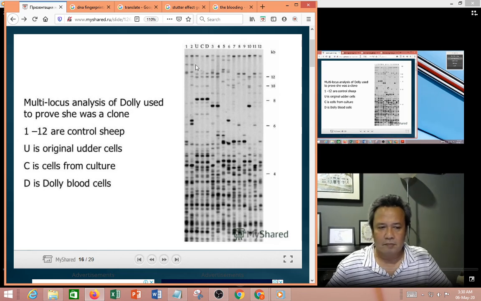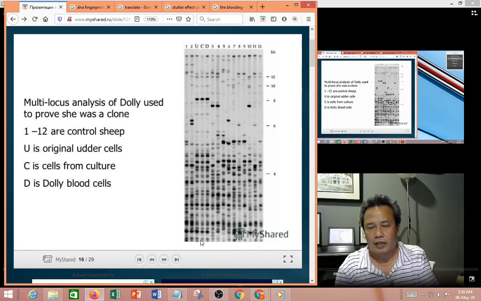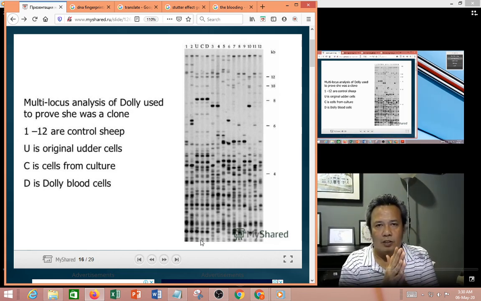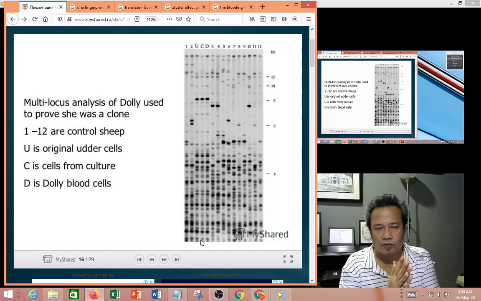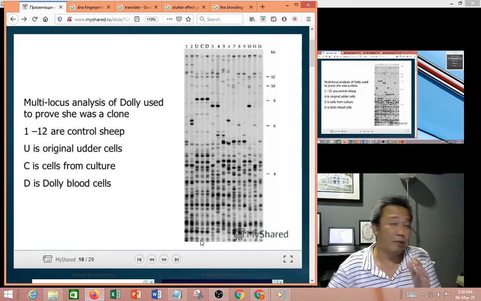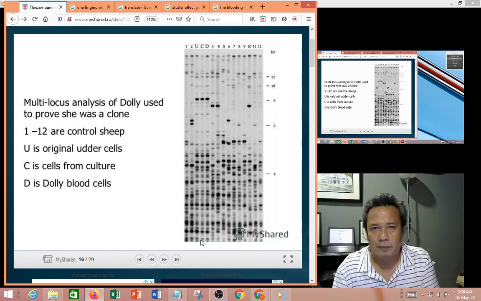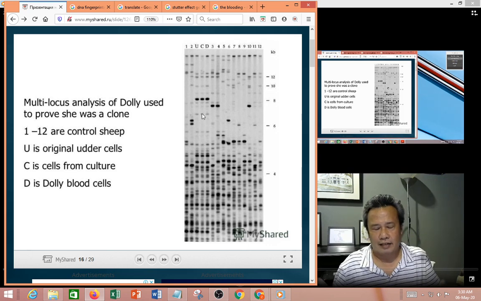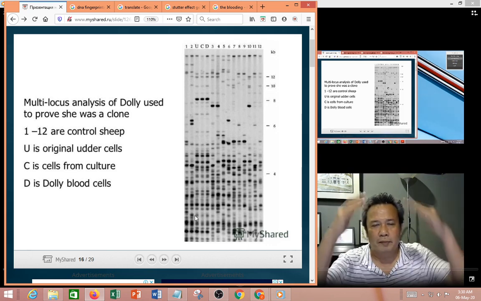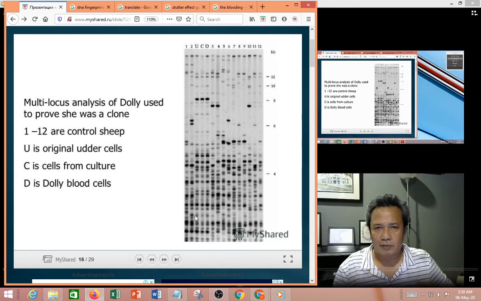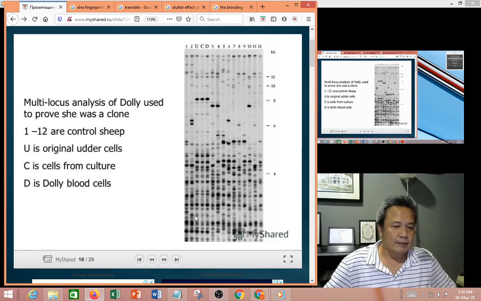It's just to show that fingerprinting is quite specific for the individual alone, because you're talking about multiple bands. Chances are people can share 1 band, 2 bands, but the chances that different individuals share all the bands together, well, it's only limited to identical twins.